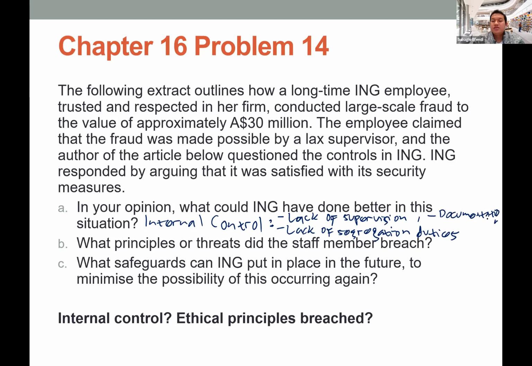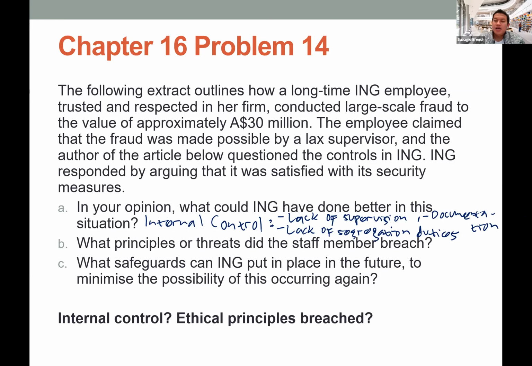There's no proper documentation of every transaction or process in this fraud. This is the main issue the company should improve in order to prevent similar cases happening in the future. Basically, the company needs to improve their internal control.